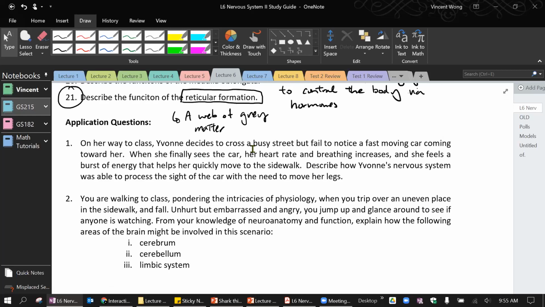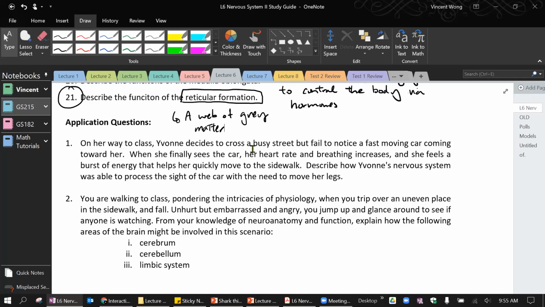That information of the car coming towards you being dangerous could be embedded within your limbic system. Maybe she saw it on TV, in a movie or something, someone getting hit by a car, and they remember that's not safe. Then that information from the thalamus will go to the occipital lobe, because it's related to vision.